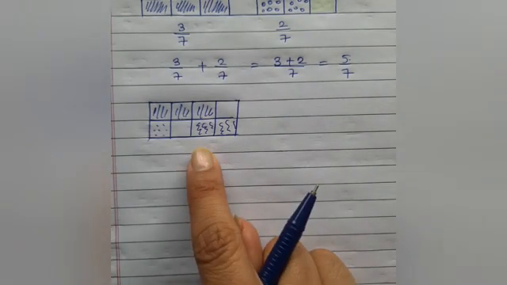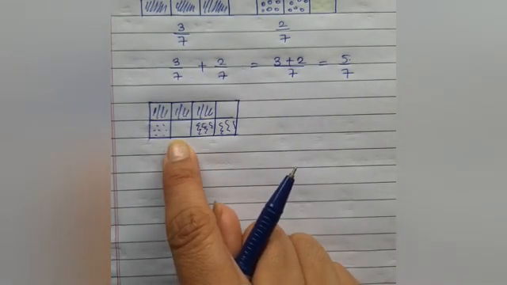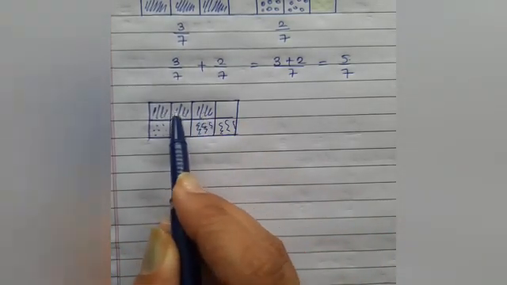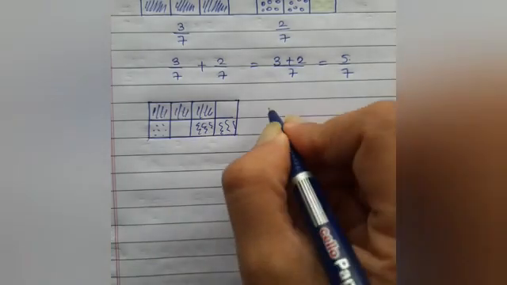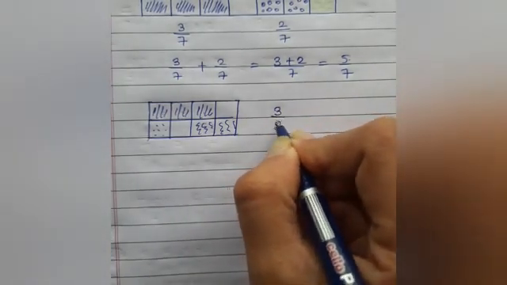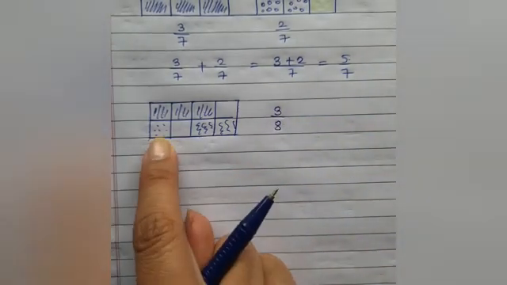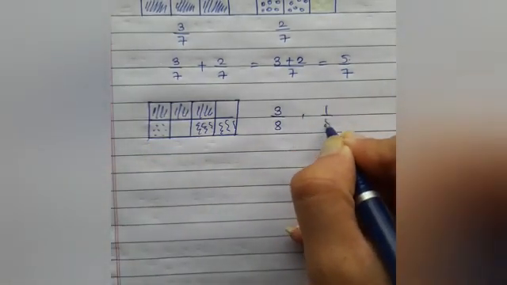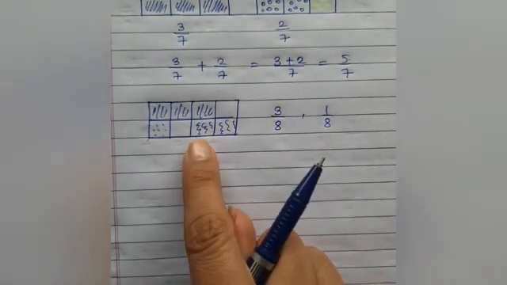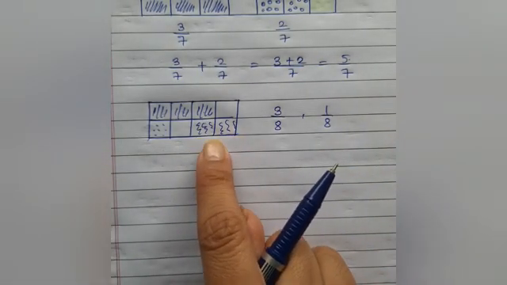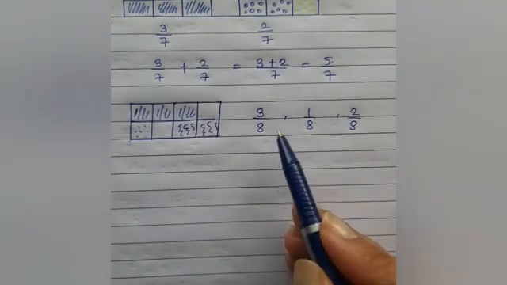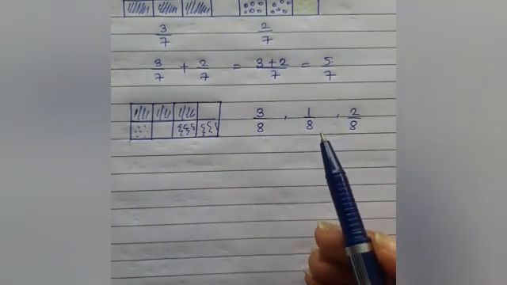In this rectangle, according to the categorization, for these 3 parts, the fraction will be 3 upon 8. For this part, the fraction will be 1 upon 8. And for these 2 parts, the fraction will be 2 upon 8.